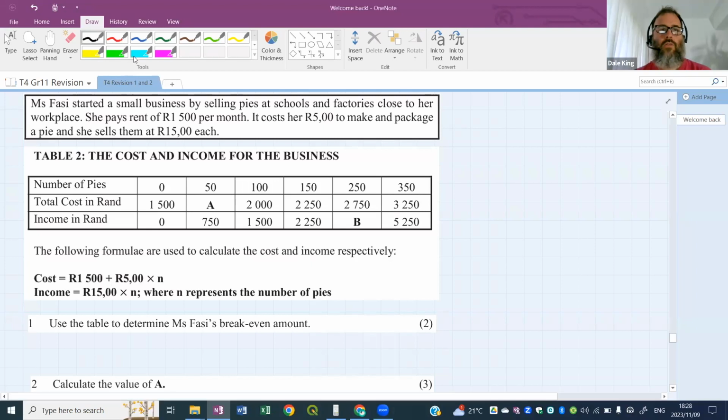Okay, so firstly, this line here, she pays rent of 1,500 per month, and it costs her 5 Rand per pie to make. That's obviously the expenses. Now, I want to ask you, the 1,500 Rand per month, is that a fixed or a variable expense? The 1,500 Rand for rent, is that fixed or variable?